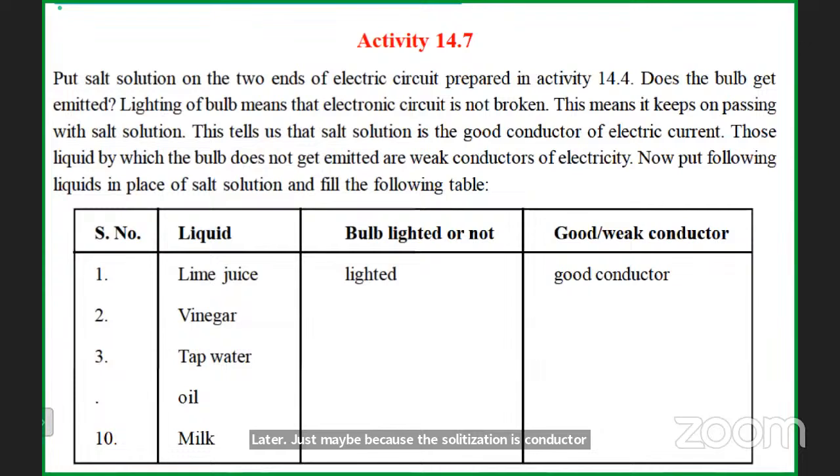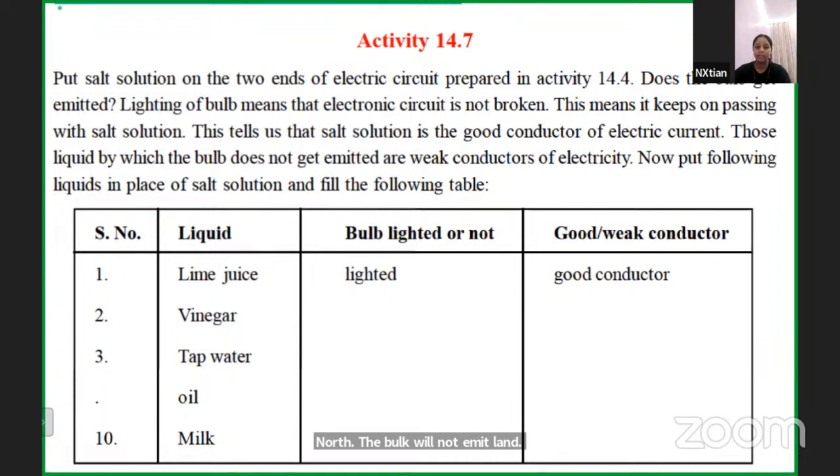But if I apply any liquid that is not a good conductor of electricity, what happens then? The bulb will not emit light. Why?